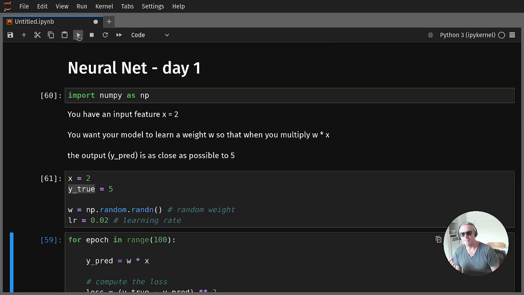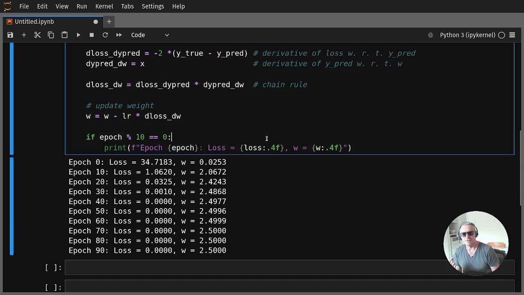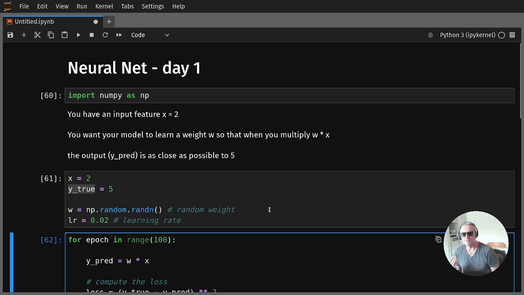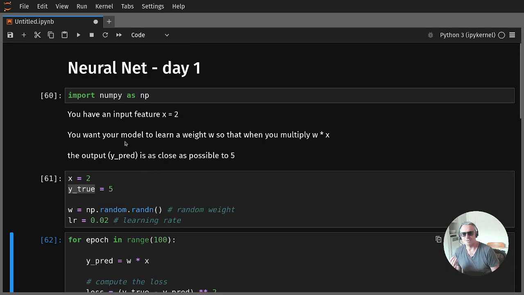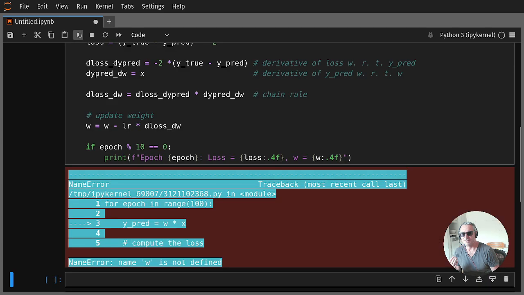It's been a while since I've used Jupyter notebooks, but I wanted to get rid of that answer so we could see it run again.